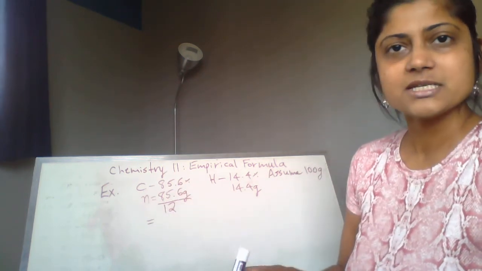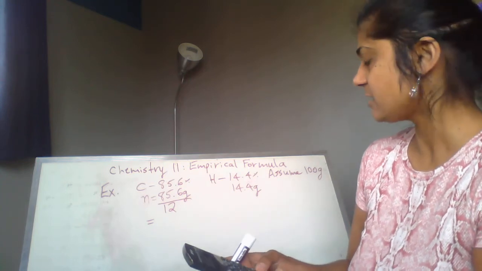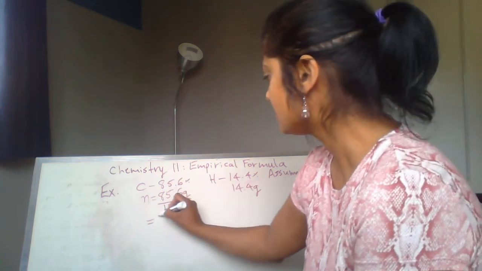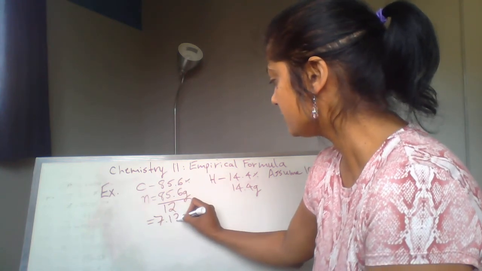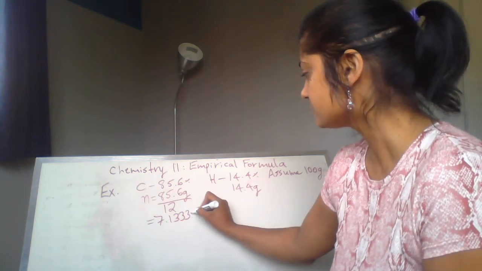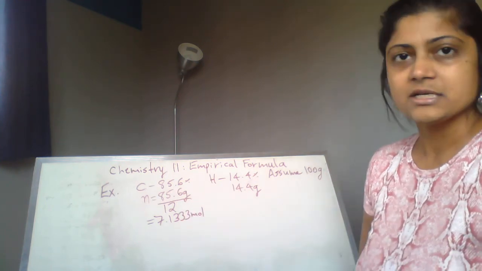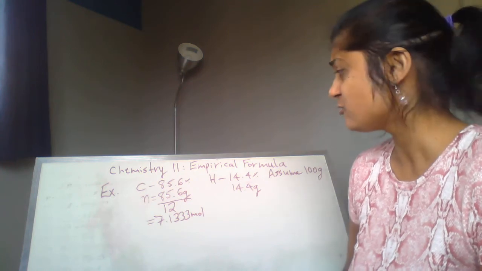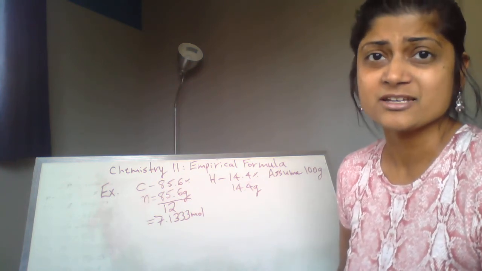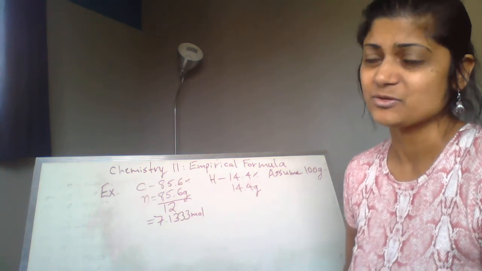I'm doing 85.6 divided by 12, and it's 7.13, with the 3 repeated, and this is in moles. I like to keep about 4 decimal places when I'm rounding for the moles, just to make sure my answer is very accurate at the end.